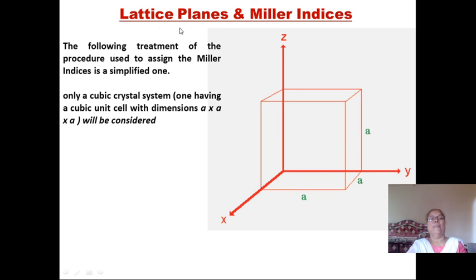Then the lattice planes and Miller indices. Here, the following procedure used to assign the Miller indices is a simplified one. Only a cubic crystal system having a unit cube with dimensions a into a into a will be considered.